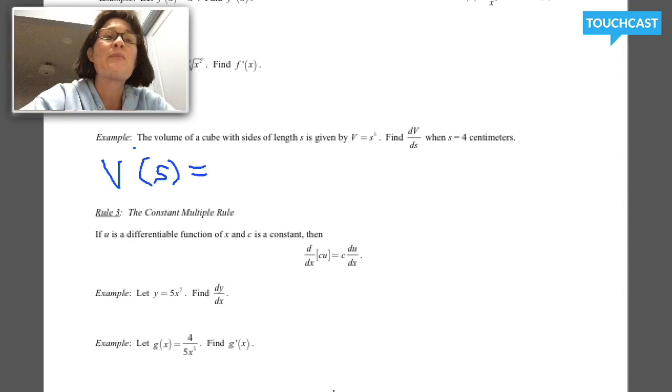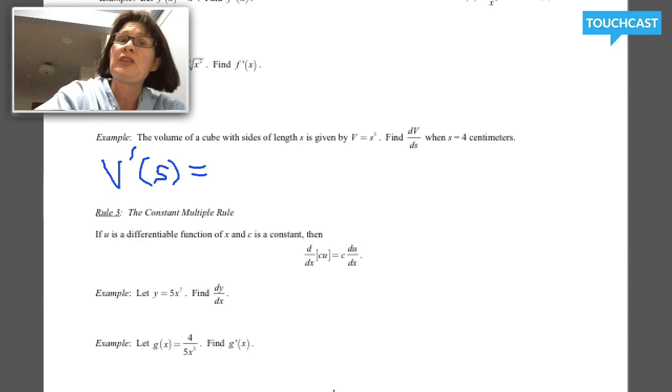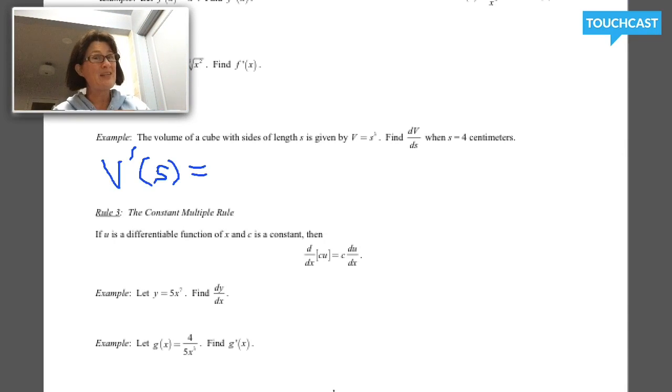Well, what's v prime of s? V is s raised to the third power. If I want to take the derivative, I don't have an input of x, my input is s this time, but that's okay. The same power rule will apply. The old exponent is 3. It's going to come down to the front to multiply.